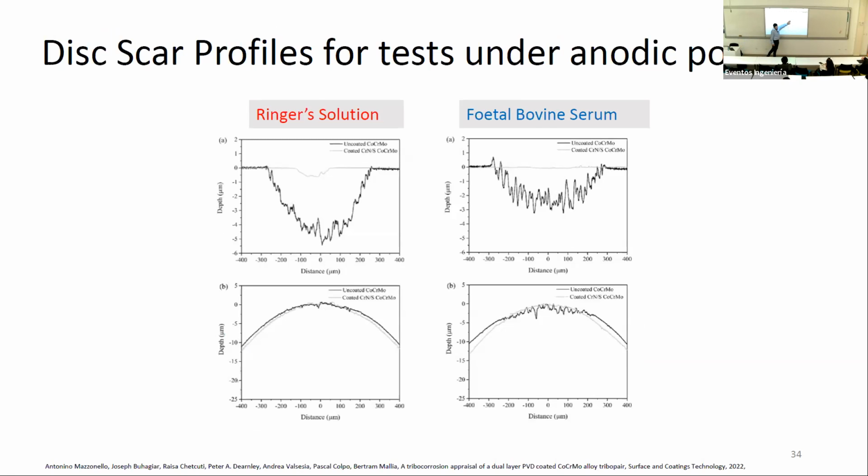Less losses in bovine, but for the case of chrome nitride, independent of bovine or not, the losses were smaller, relatively much smaller than those exhibited by the untreated. These are the corresponding profiles on the balls, okay, which tend to replicate the topography of the disc.